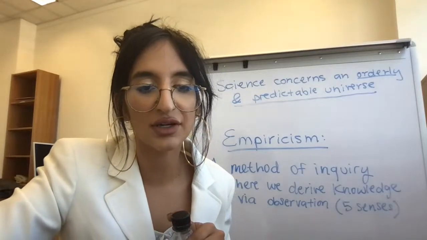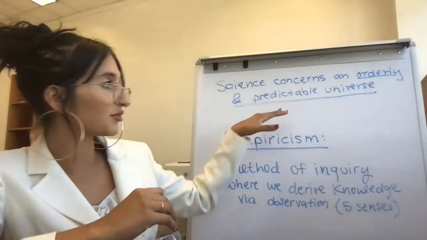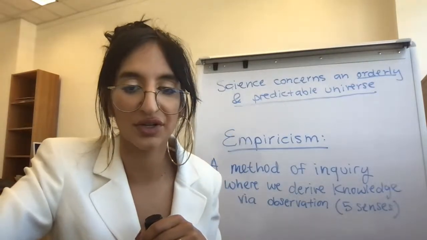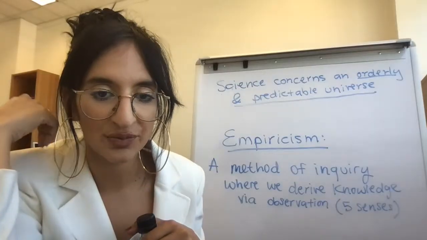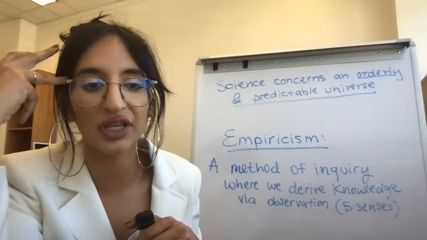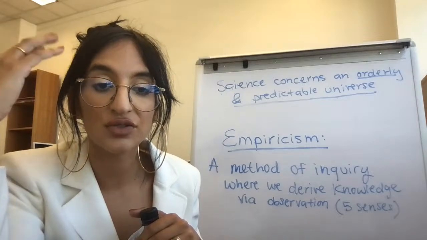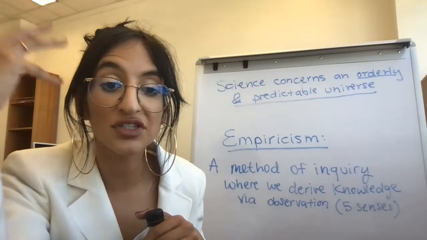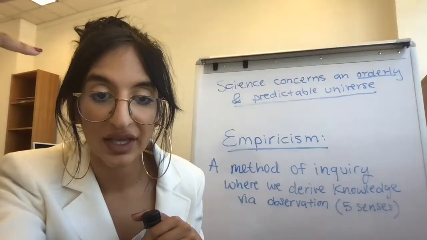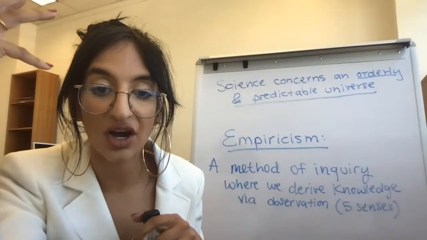So let me say a little bit more about this assumption that the universe is orderly and predictable. Scientists assume this, such that causal laws and correlations will continue to hold, and inductively strong arguments are justified.